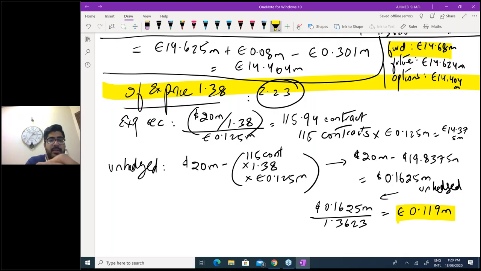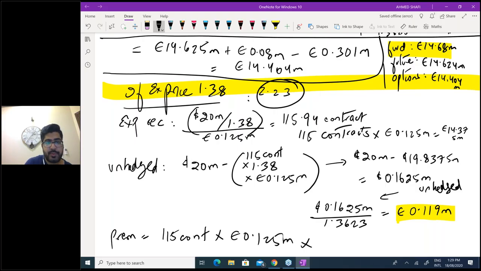Okay, and finally the premium. It's number of contracts into contract size into premium. 2.23 means in cents 0.0223. So it becomes 0.32 million.